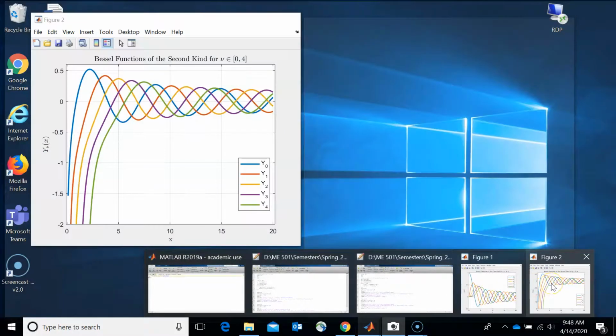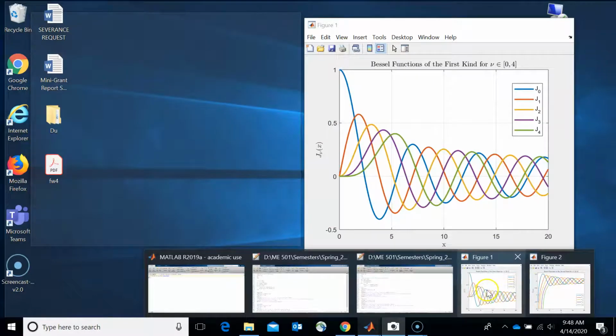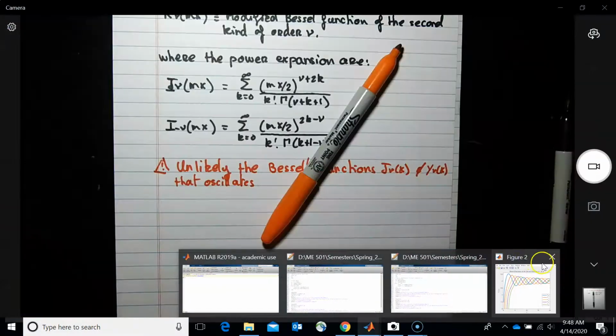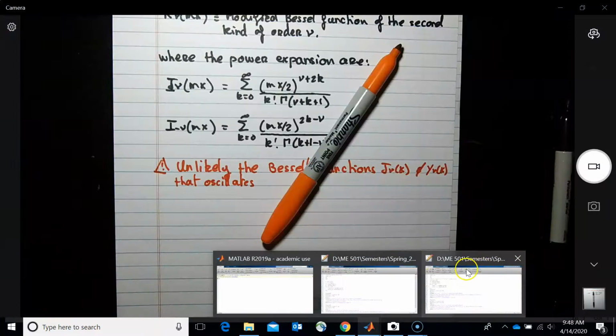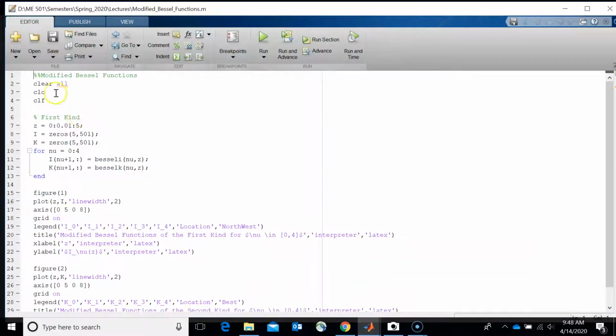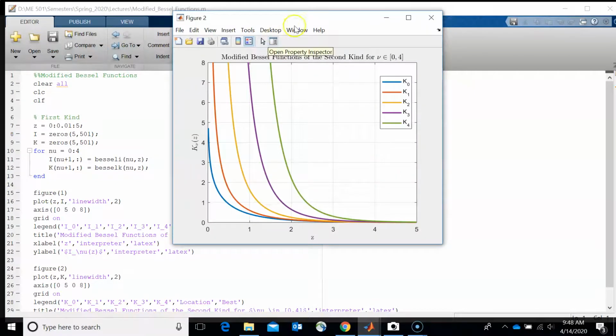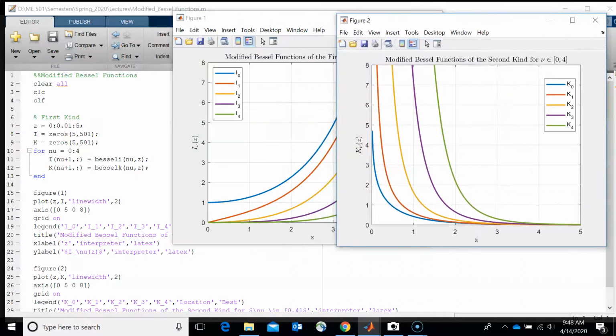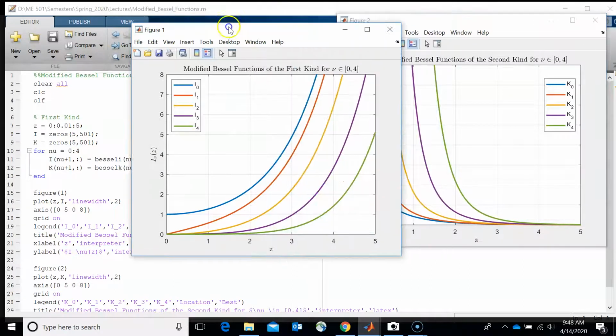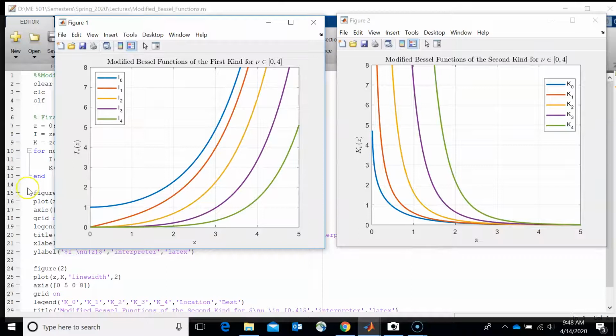You see this one oscillates, the second kind oscillates, and the first kind also oscillates. Now, if I show you the modified Bessel functions, this is the second kind, this is the first kind, and you see they behave completely differently. This one grows exponentially, and this one decreases, from a logarithmic point of view, or also exponentially.